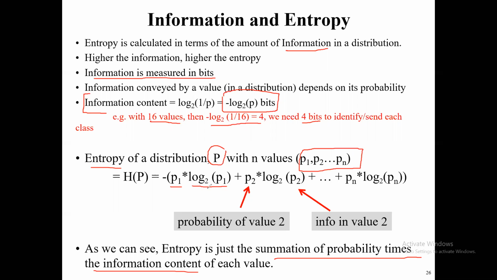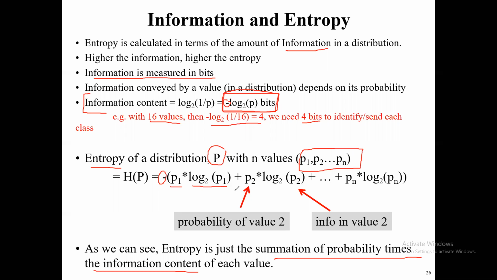And this negative sign comes from the information content formula that we had. Here is the negative sign, and here P1, P2, all of these are probability of each of the values in the distribution.